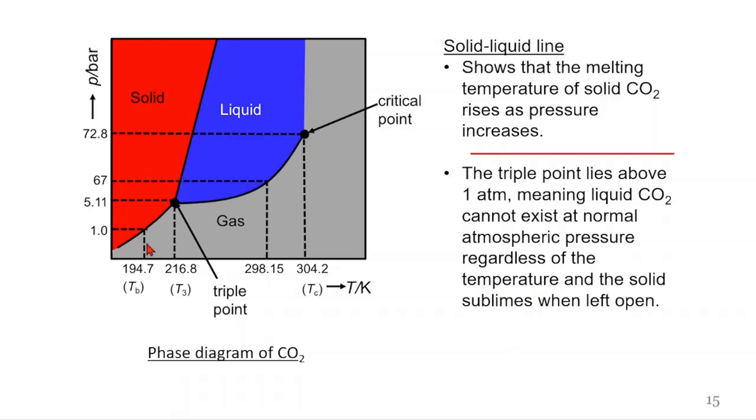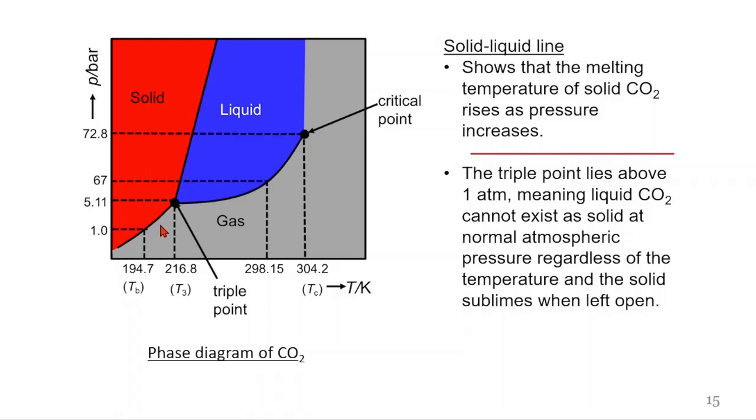Now, you will notice that the triple point is above 1 atm. The triple point lies above 1 atm, meaning that CO2 cannot exist as a liquid at normal atmospheric pressure, regardless of the temperature.